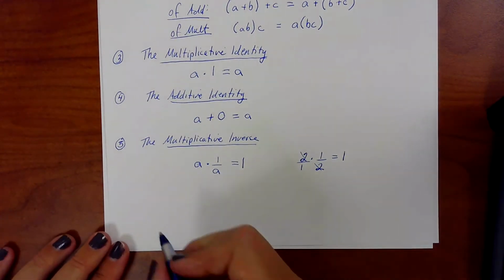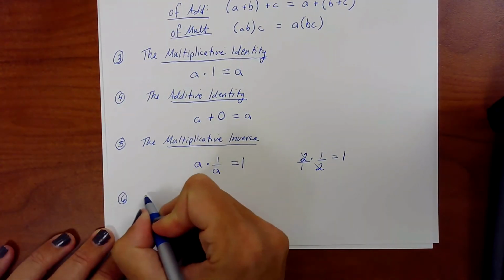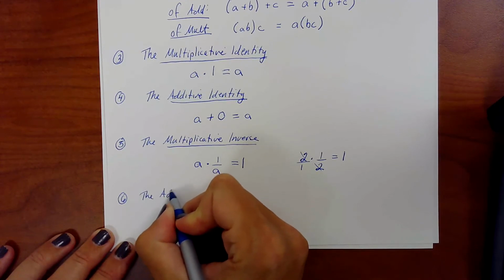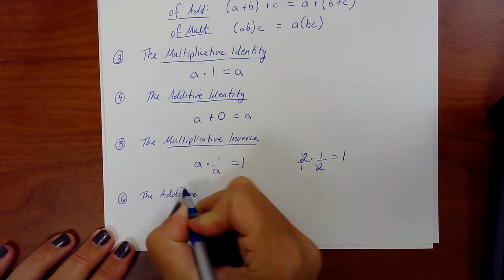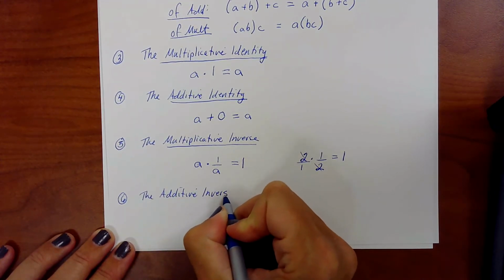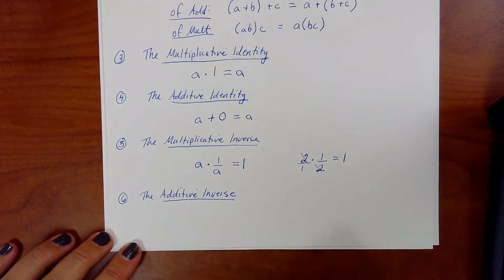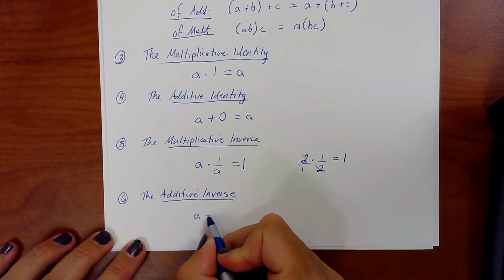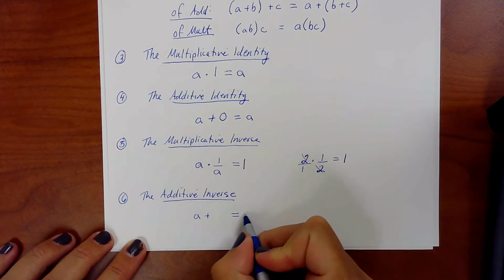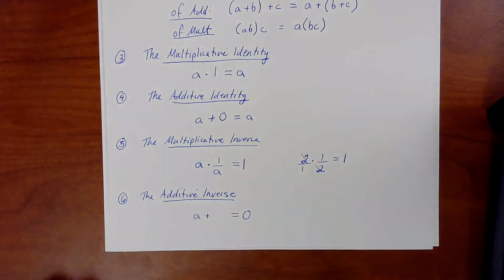All right, and of course we can have the additive inverse. So that's, you're going to take something, add something to it, and you want to get back its identity, which is 0.